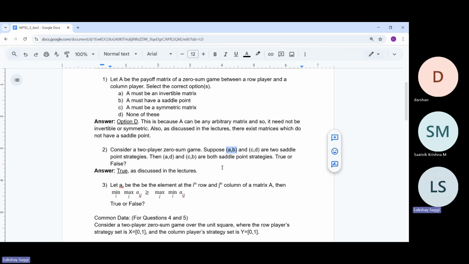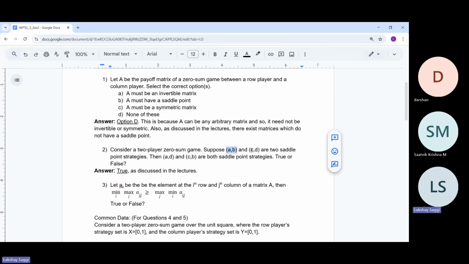Suppose I'm talking about the row player. What do you guys think? The payoff for the row player in the (A, B) saddle point and the (C, D) saddle point, will it necessarily be equal or can it be different? If the two players play (A, B) in one instance, and (C, D) in a second instance, in both instances the row player will have some payoffs, right?